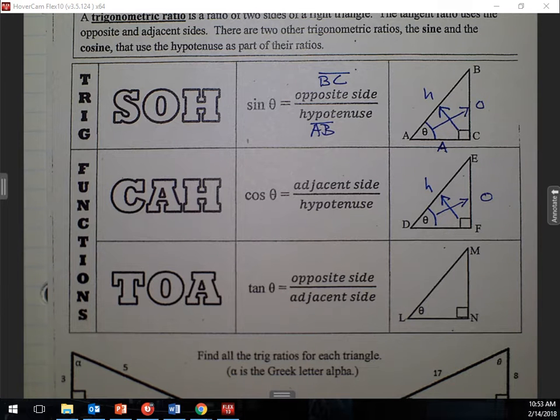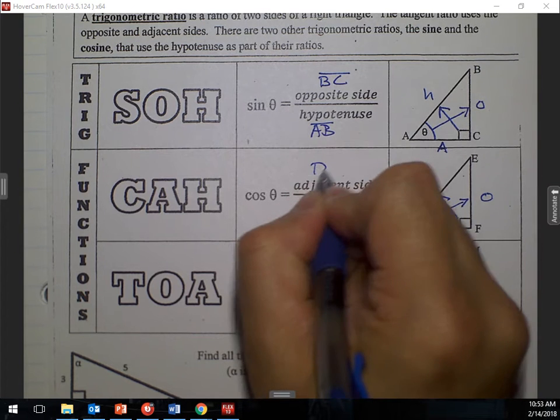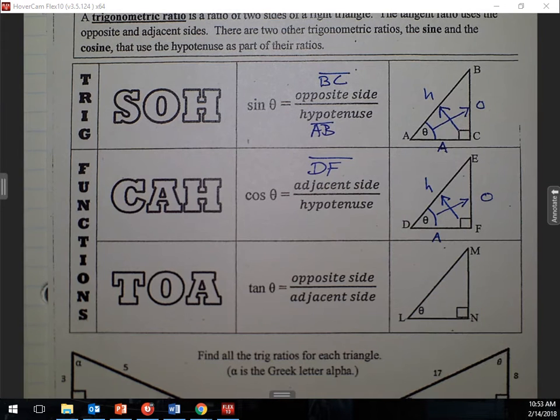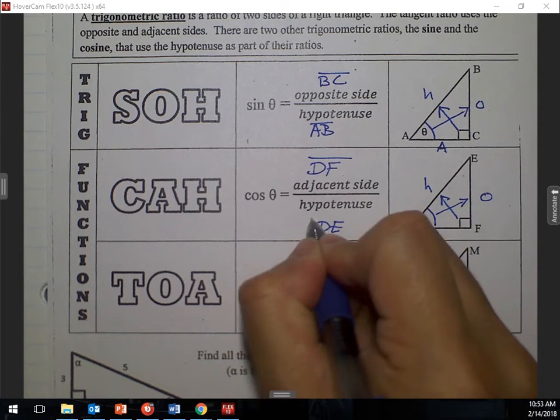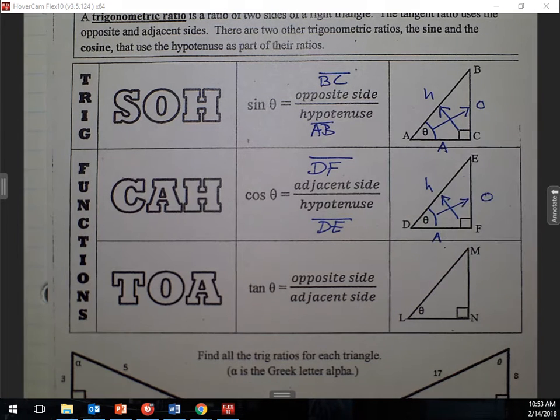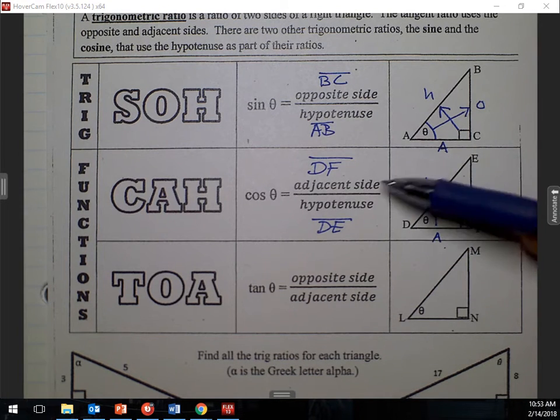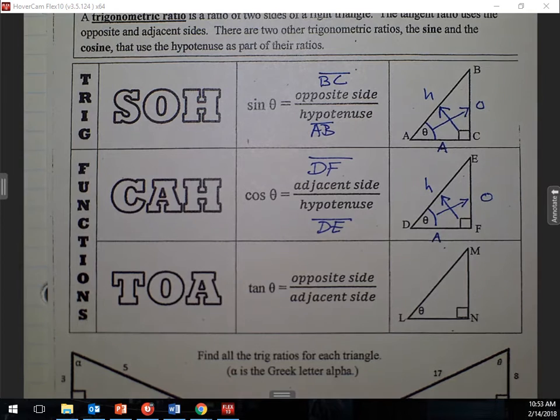And that means my third leg of my triangle is adjacent. So now that I have it all labeled, my adjacent side is which side? DF. And my hypotenuse is DE. So DF and DE, there is my cosine: adjacent over hypotenuse.